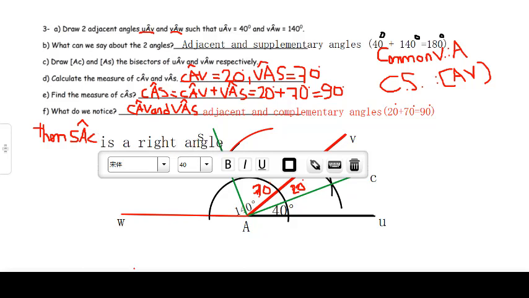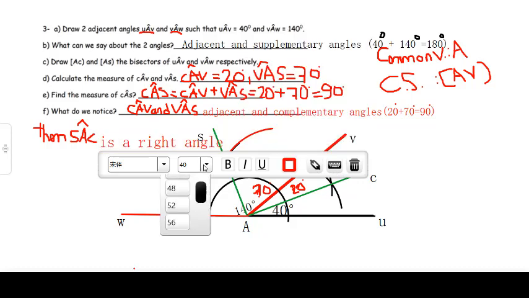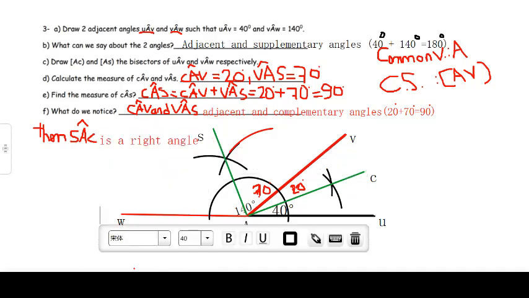Okay, this is a right angle. Why? Because its measure is 90 degrees. Okay, its measure is 90 degrees, and we are done.